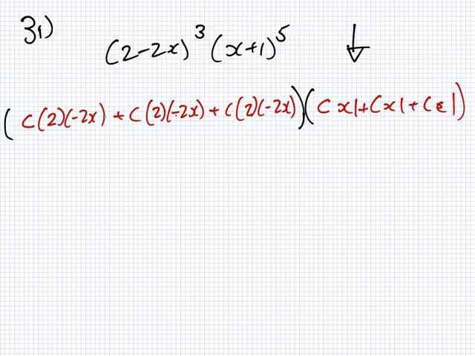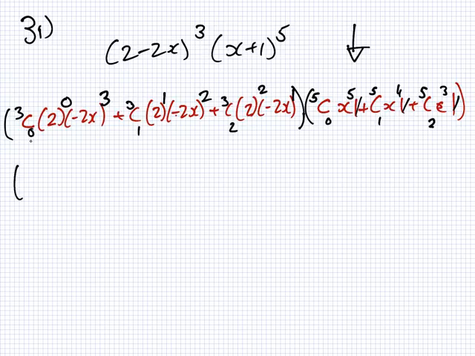Since we want descending powers, we start with 3 on the x, so that's a 3, 2, and a 1. What would this one be? 0, 1, 2. And this one is 3c0, 3c1, 3c2. This one here, 5, 4, and 3. We don't really care about the 1s because it's always 1. And this is 5c0, 5c1, and 5c2.